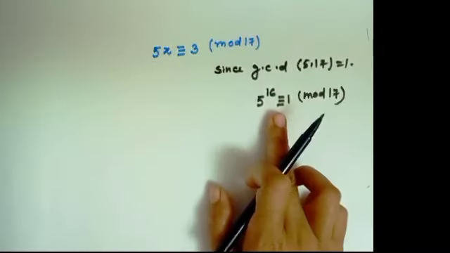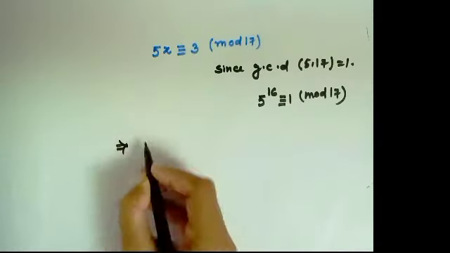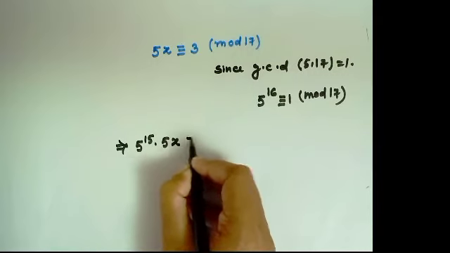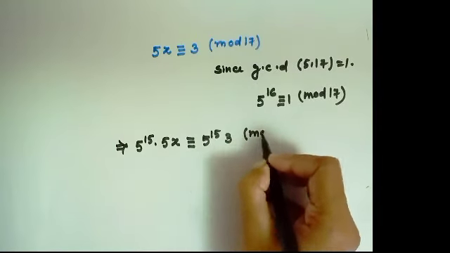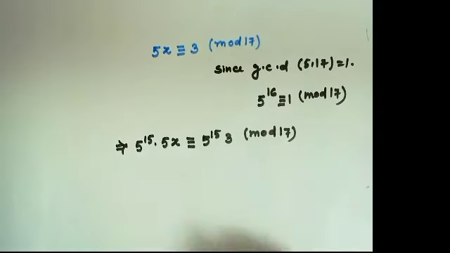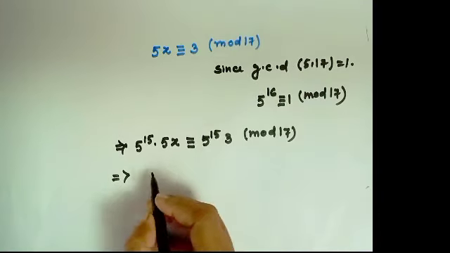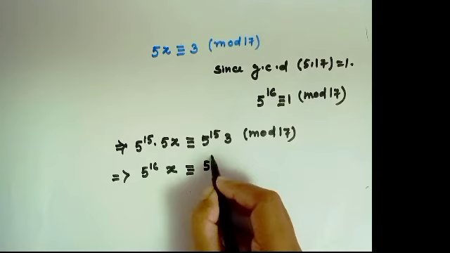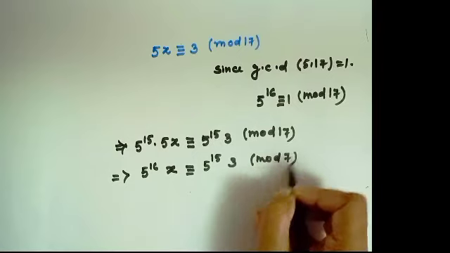For this, we can multiply both sides by 5 to the power 15. Then the equation will be 5 to the power 16 on the left side and 5 to the power 15 on the right-hand side.